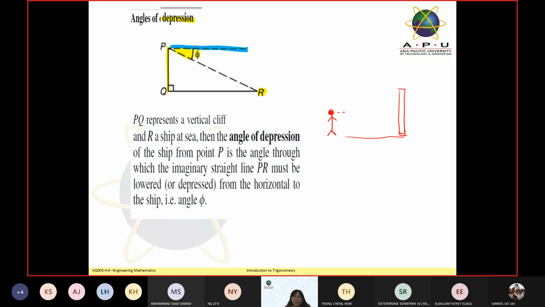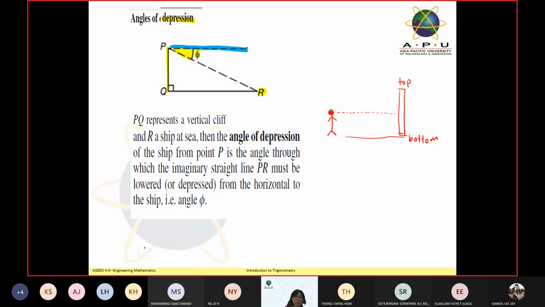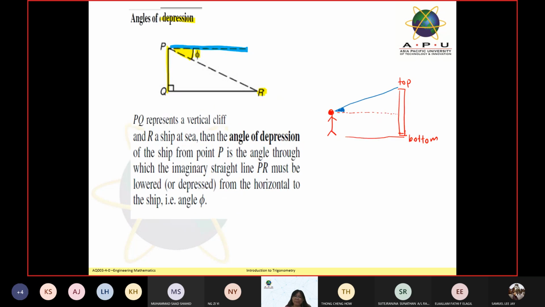This is how we look at things, right? This is the top, this is the bottom. So when we look up to the top of the building, this angle is the angle of elevation, the one that we mentioned just now.